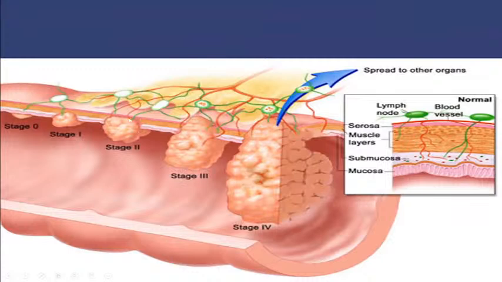Stage 2, extending to the serosa. Stage 3, extending out to the paracolic tissues, the serosa and omentum. Then, of course, stage 4 disease, where there is distant spread to other organs and transcoelomic spread in the rest of the abdomen.